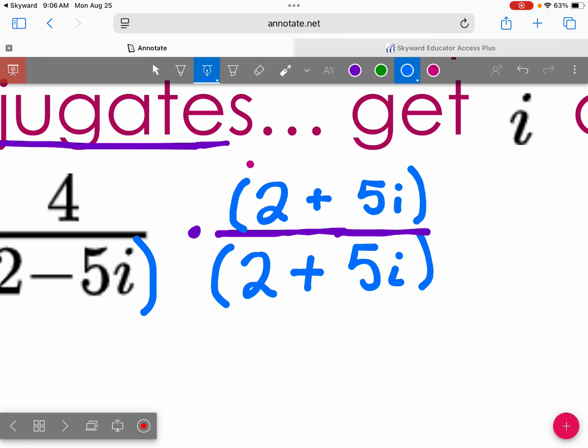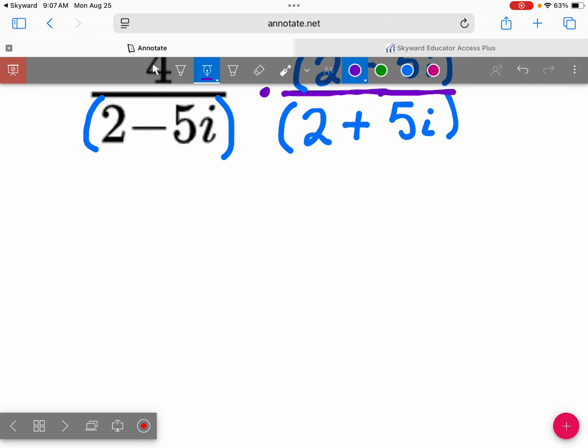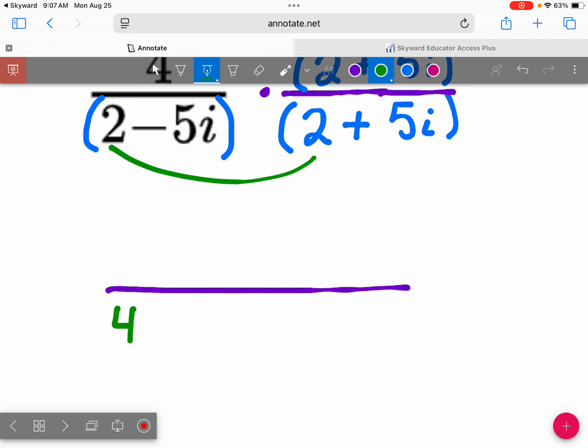So when we do this, I'm going to multiply out our denominator here. We've got our 2 minus 5i times 2 plus 5i. So we're going to have our 2 times 2 giving us 4, and our 2 times 5i giving us a plus 10i.